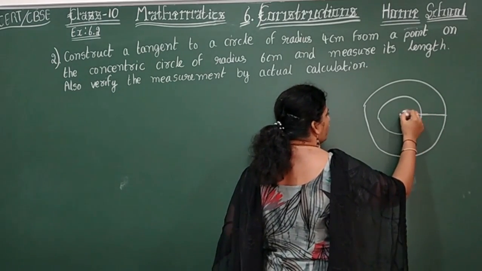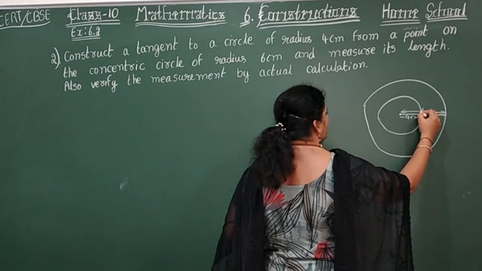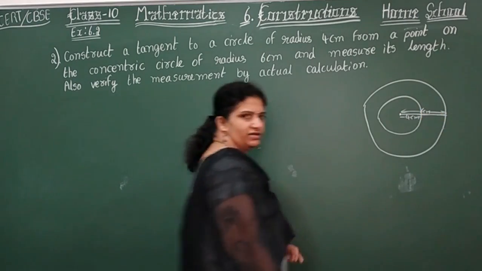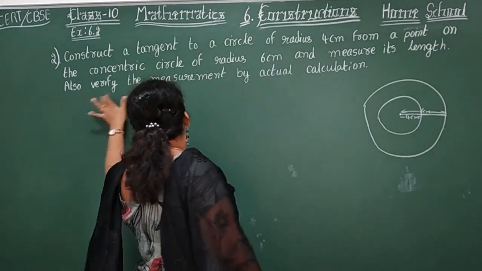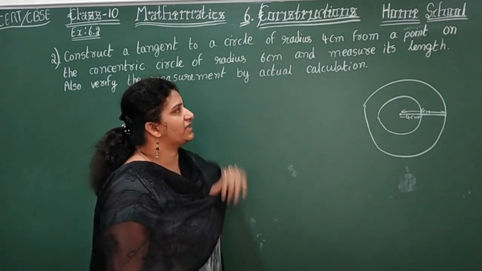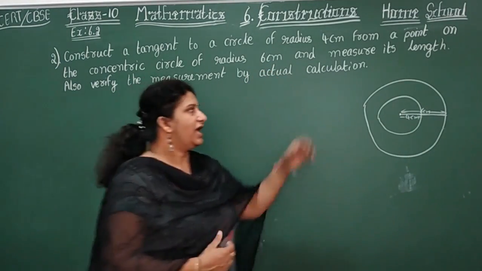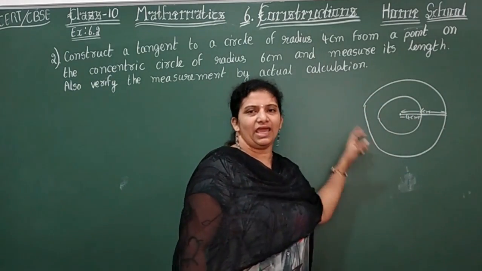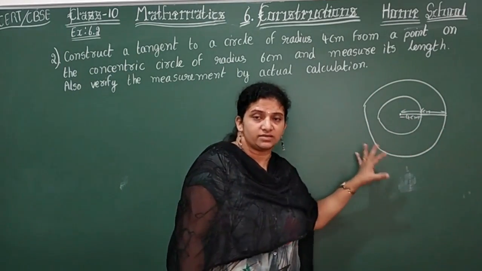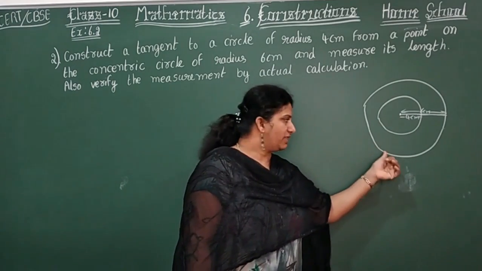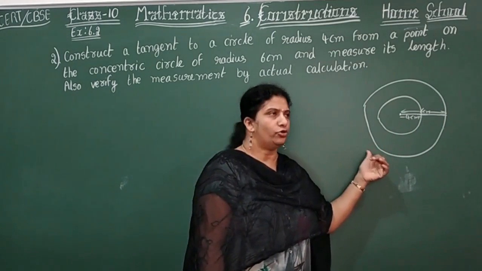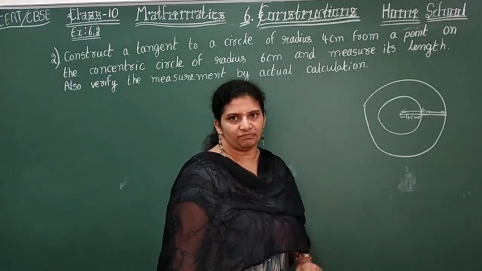From here to here 4 and from here to here 6 centimeters. What is the question? Measure its length and verify the measurement by actual calculation. Anywhere on this circle at any one point, from that point to draw tangent to this circle.